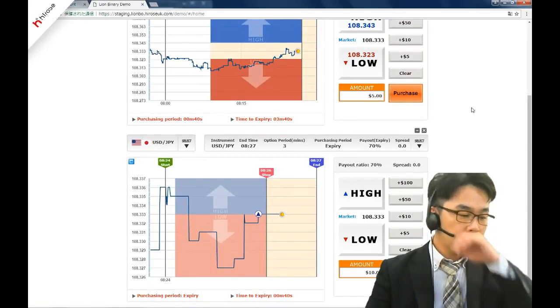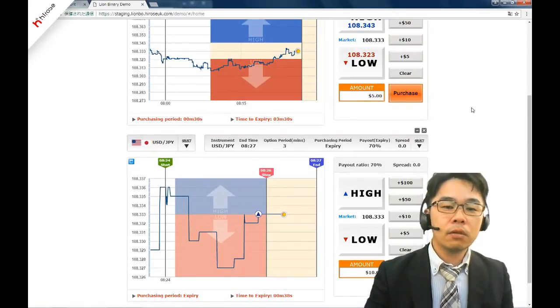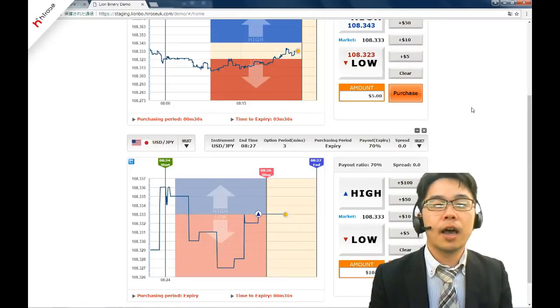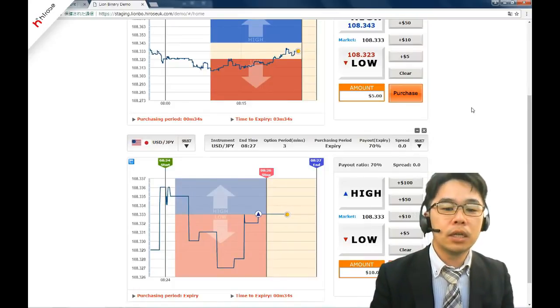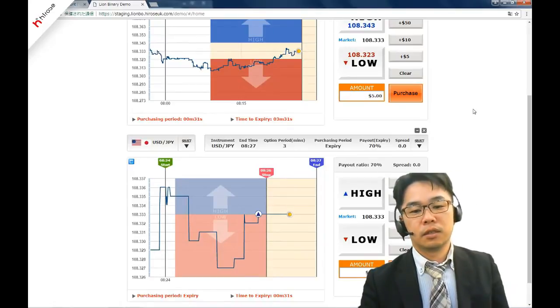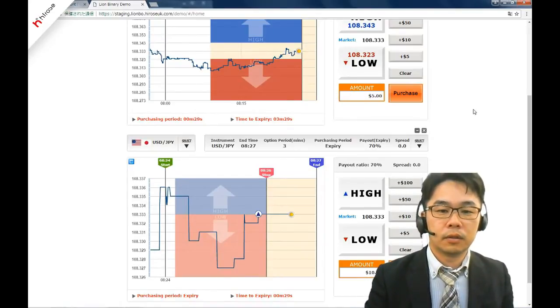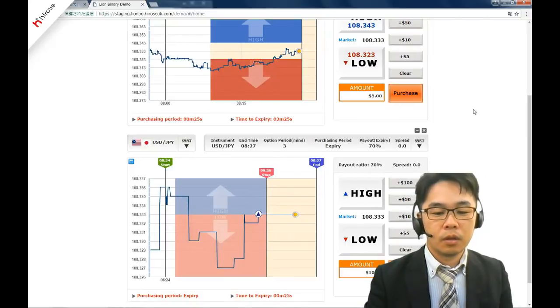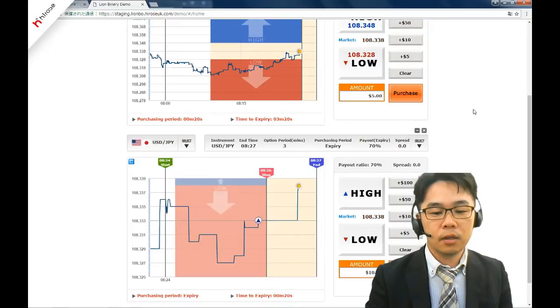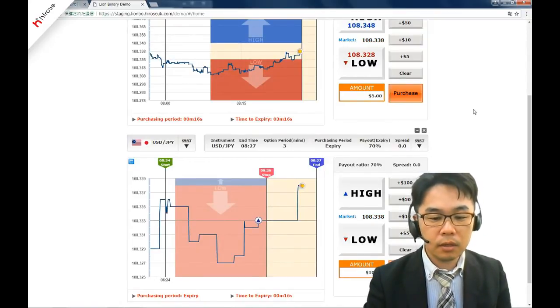So let's wait. After we look at this together, I'm going to talk about the martingale strategy. So 25 seconds left, 24, 20 seconds, 19, 18, 17.